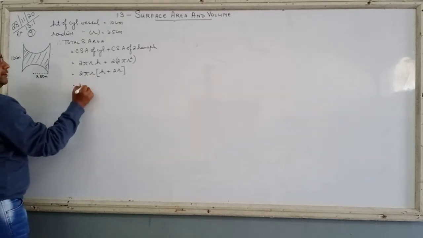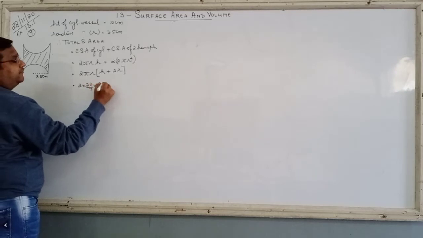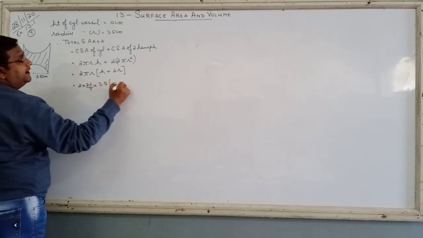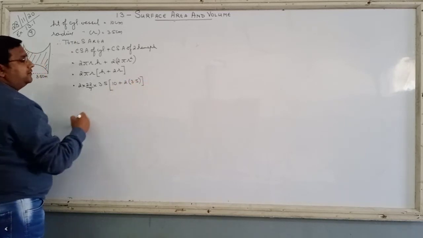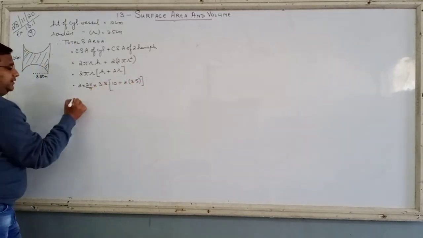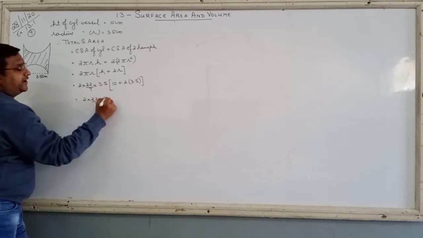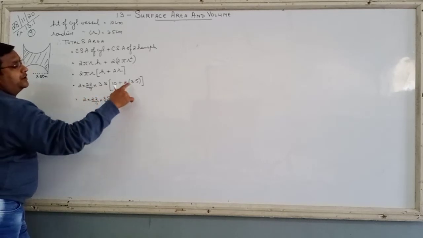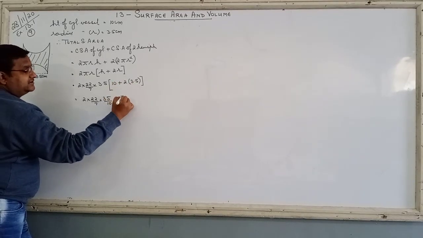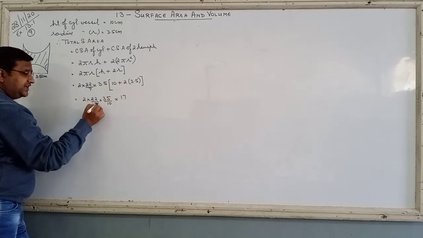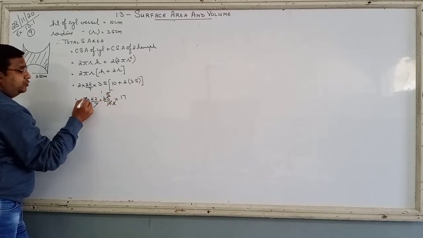So 2 into pi 22 by 7 into r 3.5 into h 10 plus 2 into 3.5. Just substitute the values. Simple calculations. 2 into 22 by 7 into 35 by 10 into 10 plus 7, which is 17. 7 ones are 7, 7 fives are 35, 5 ones are 5, 5 twos are 10, 2 and 2 cancel.